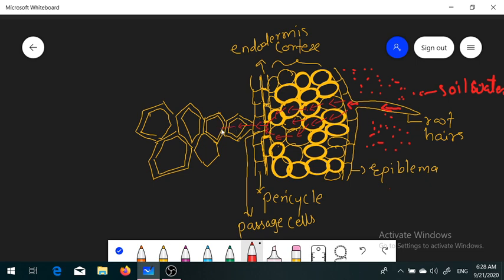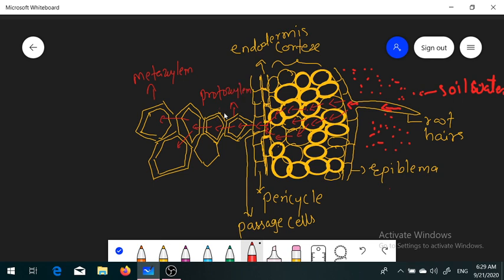So from protoxylem the water moves to the metaxylem. Okay, and this water gets accumulated in the root. Okay, so these are the metaxylem and these are the protoxylem. Protoxylem means these are small and metaxylem these are large.